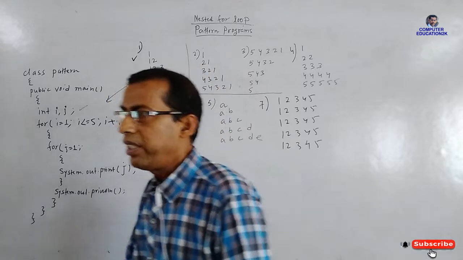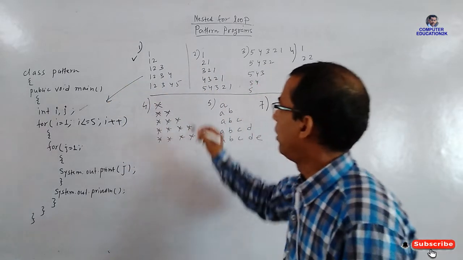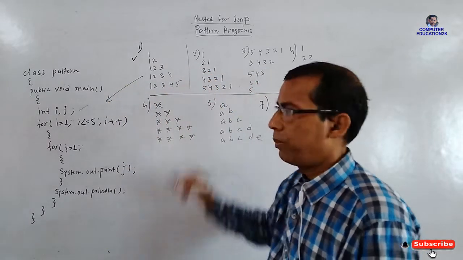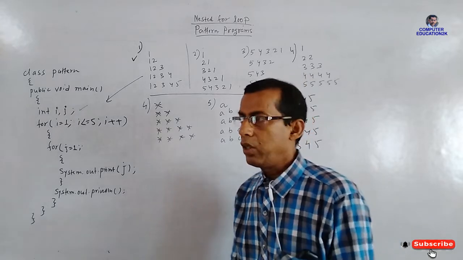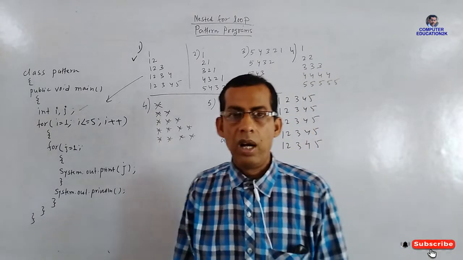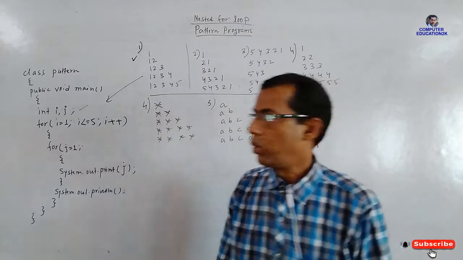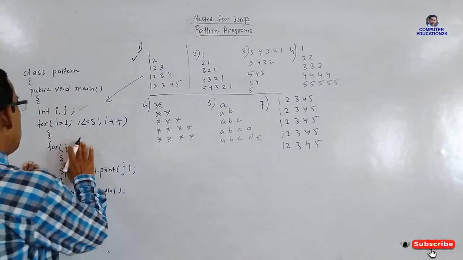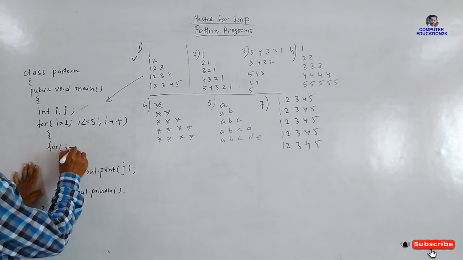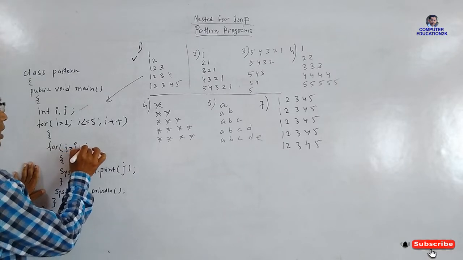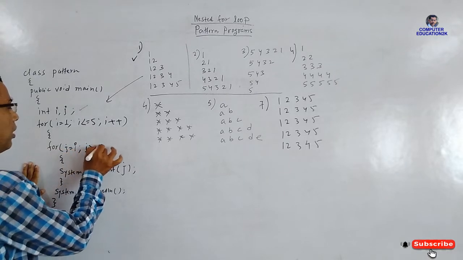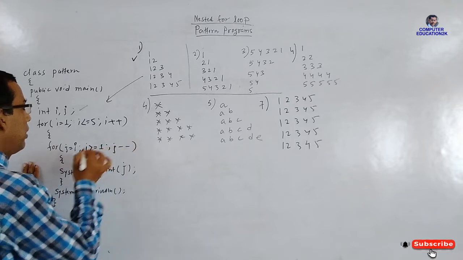So you can see the 1 is fixed, and only the 1, 2, 3, 4, 5 are changing. And these 1, 2, 3, 4, 5 are the values of the variable I. So you can write j equals I, j greater than or equal to 1, j minus minus.